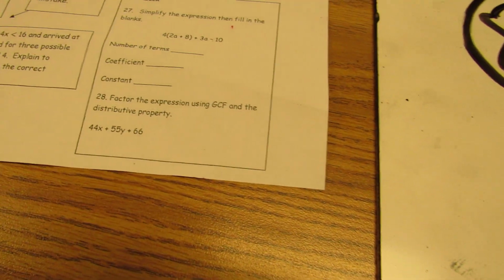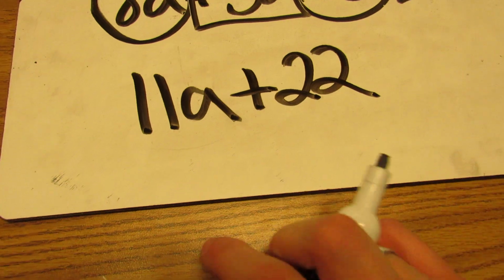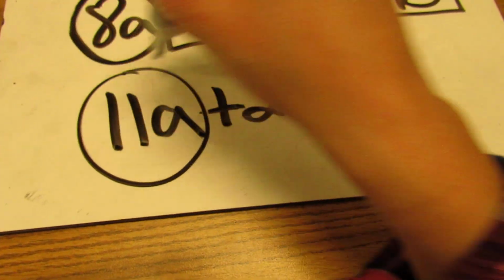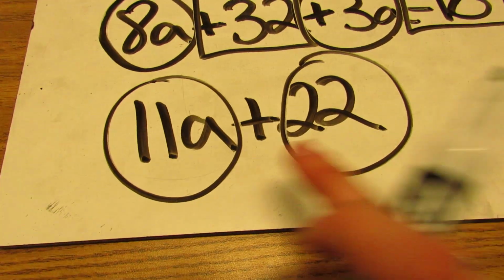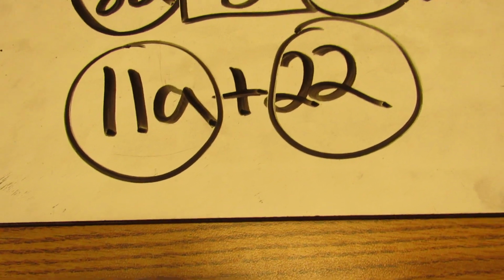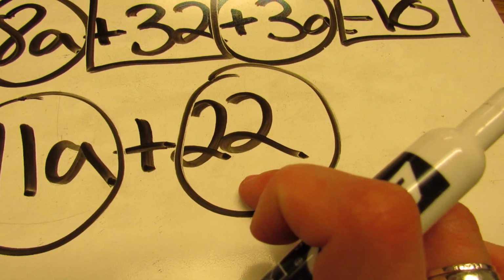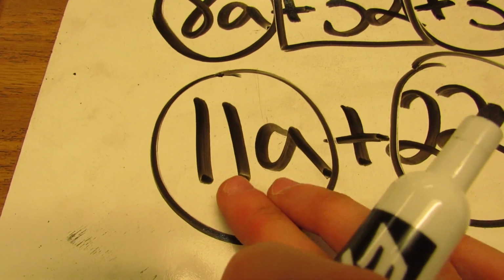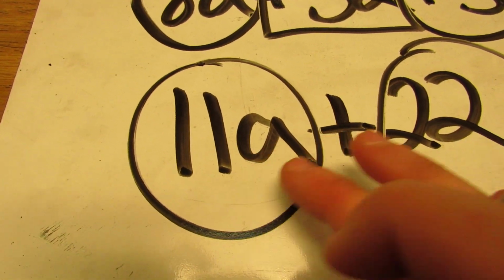Now it asks me for the number of terms. I have 2 terms, 11a and 22. They are separated by a plus sign, or it could be a minus sign. Now the coefficient is the opposite of a constant. A constant is a number that is by itself. Coefficient is a number that is with a letter, or a variable, we call that.